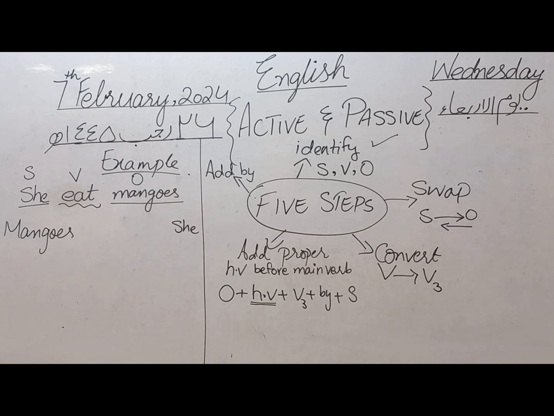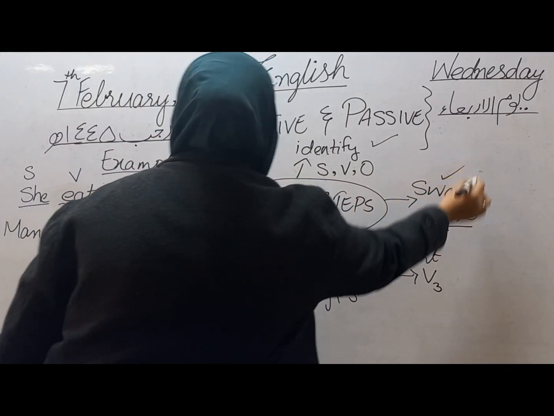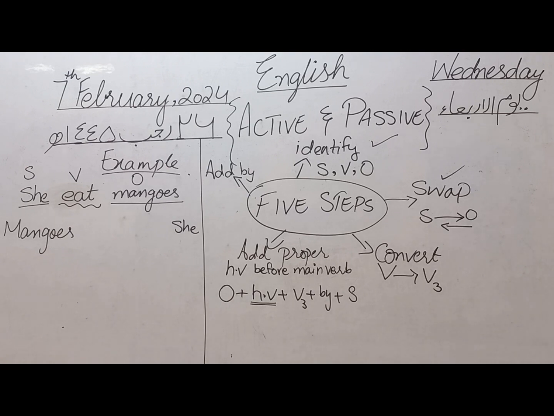So once we are swapping the subject and an object, you are done with this. Okay, fine. You have done the second step as well. But have you observed there is something that needs to be changed here in this example? Can anyone tell me? Think about it.